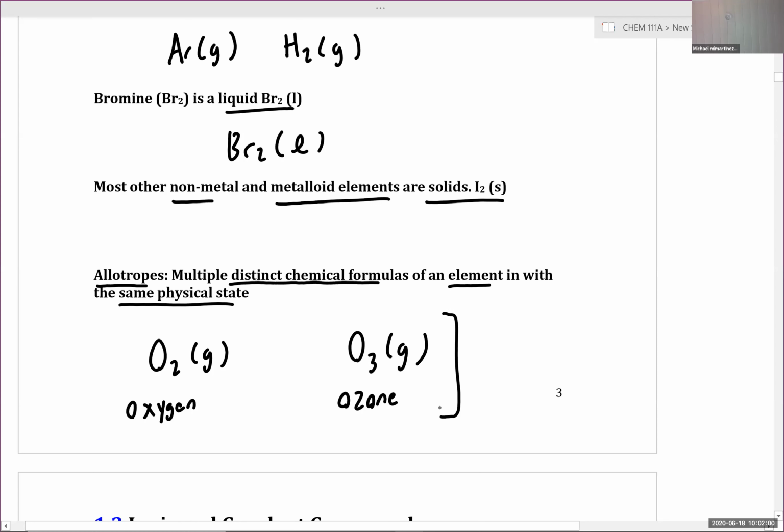Both of these samples represent the element oxygen. However, these two samples of oxygen each have a different number of oxygen atoms in their formula and the same physical state. Usually, and overwhelmingly, an allotrope will have a specific name associated with that allotrope in order to allow you to write the chemical formula for that allotrope more readily.